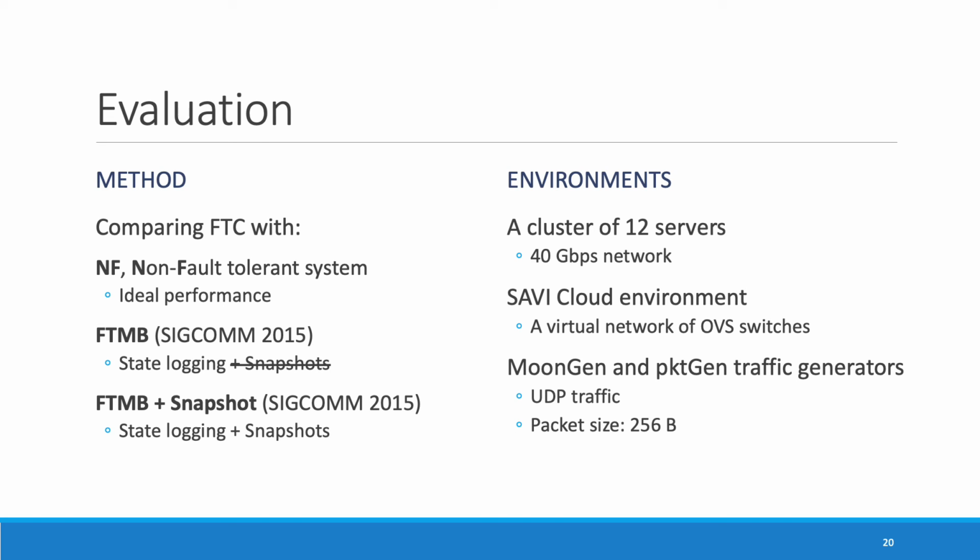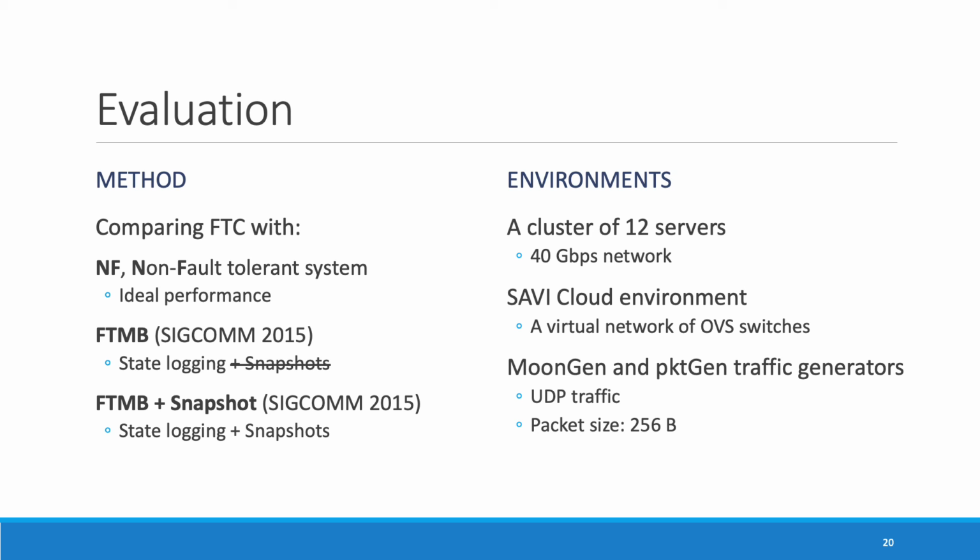We evaluate FTC by comparing it with two other systems: NF, a non-fault-tolerant system that provides ideal performance, and FTMB. FTMB uses state logging and snapshots to provide fault tolerance for middle boxes. We use two implementations of FTMB.